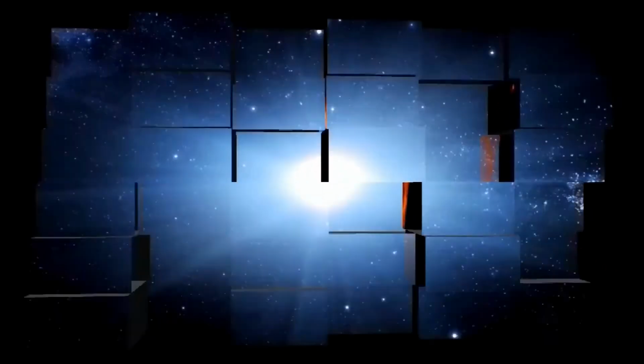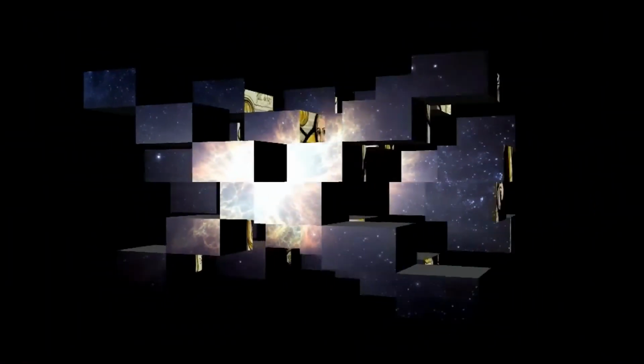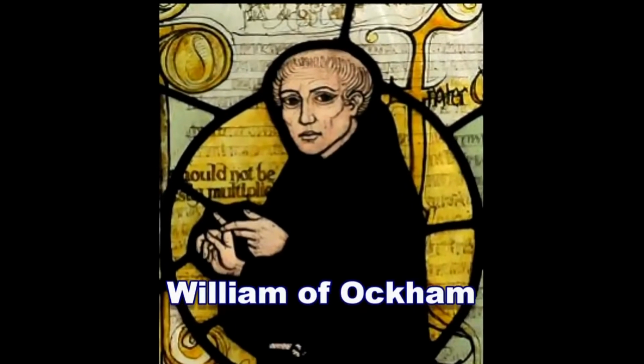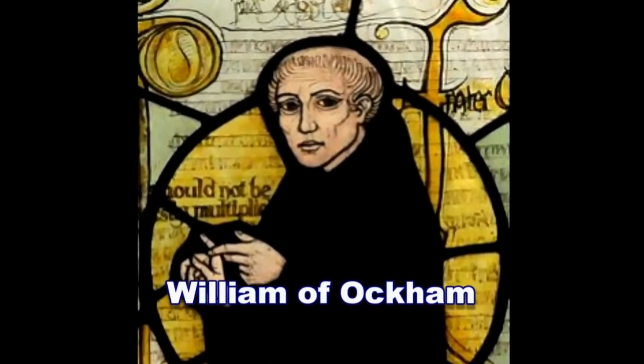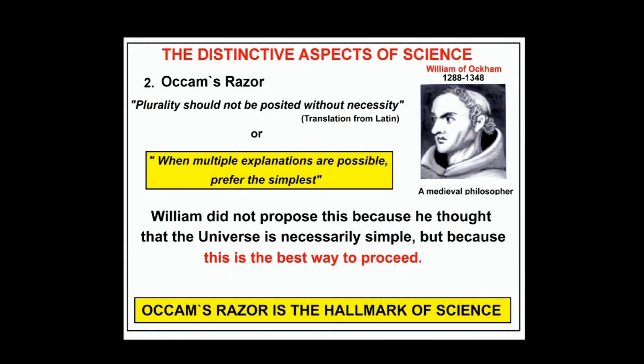So we need another explanation for what formed these bubble-type supernova remnants. Occam's razor is accepted in science as a way to determine which solution to a problem is most likely the correct one. The goal when using Occam's razor is to provide the simplest solution possible.